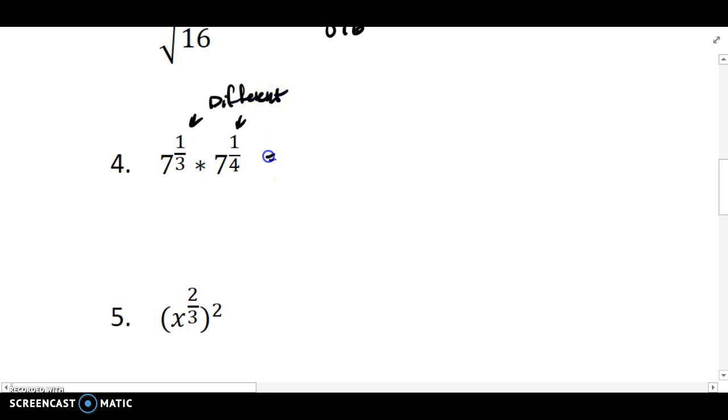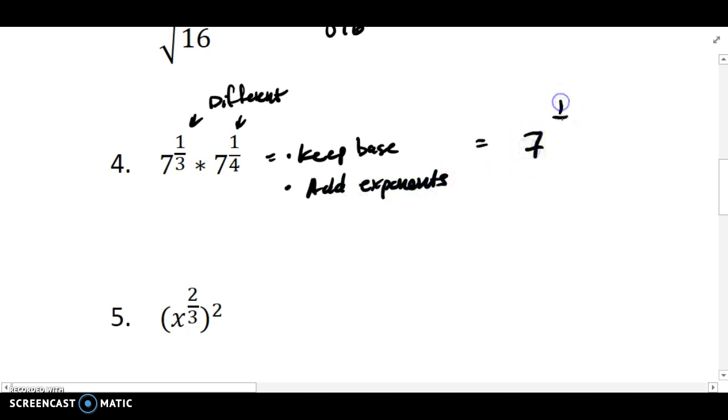So when they're different, we're going to keep the base and we're going to add the exponents. Okay? So we're going to keep the base and then add the exponents. We do that when they are different exponents. So there we go.